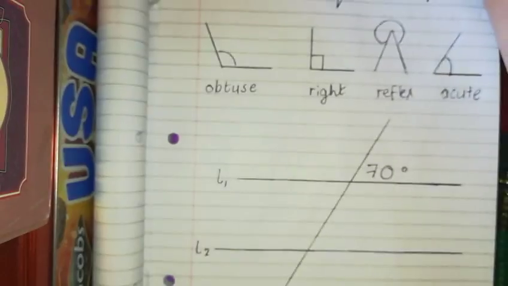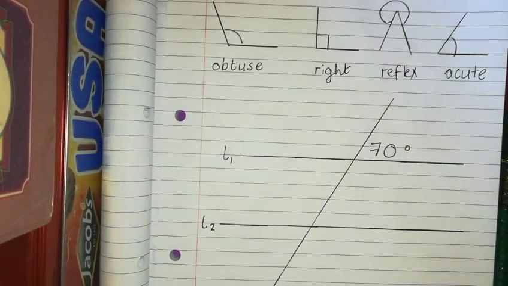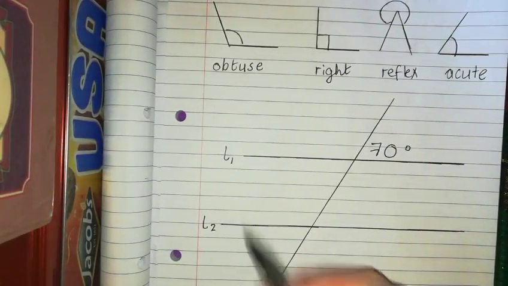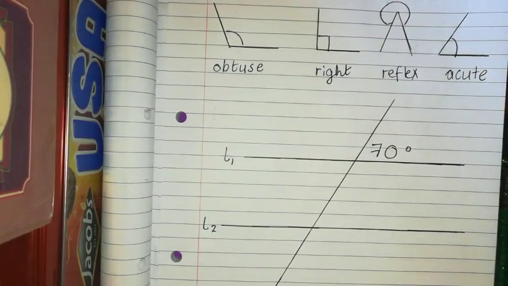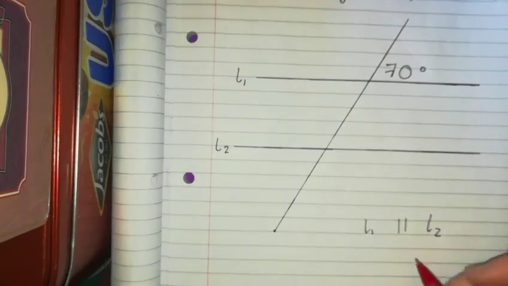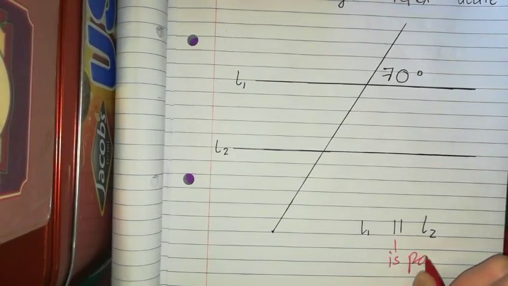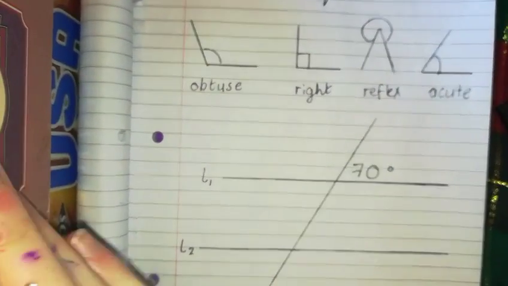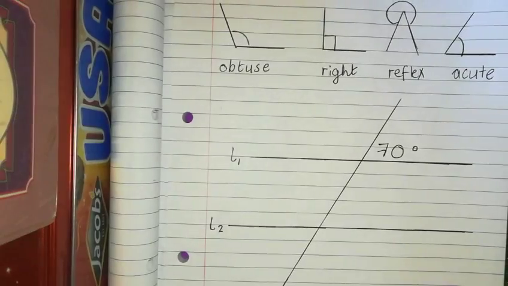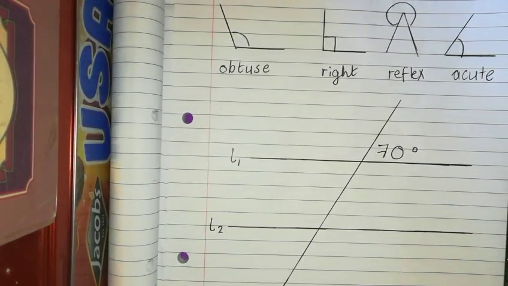So the next part, we're told in the diagram below that line 1 is parallel to line 2, and we are asked to write the measure of each angle shown.